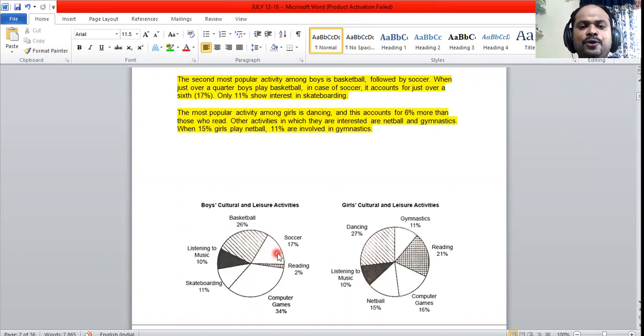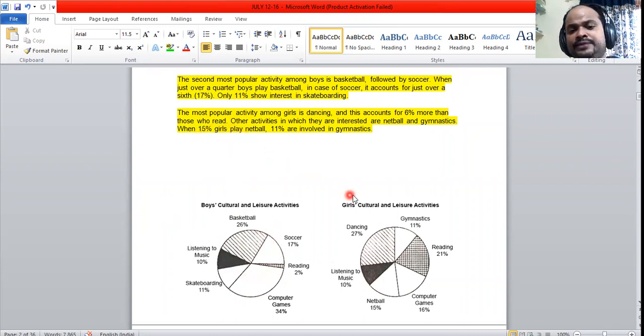Just over a quarter of boys play basketball. In the case of soccer, it accounts for just over a sixth. Only 11% show interest in skateboarding. That's finished there in the case of boys.